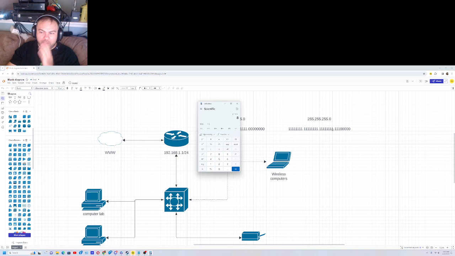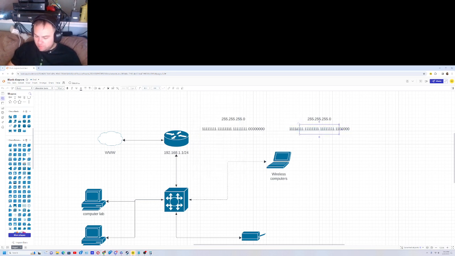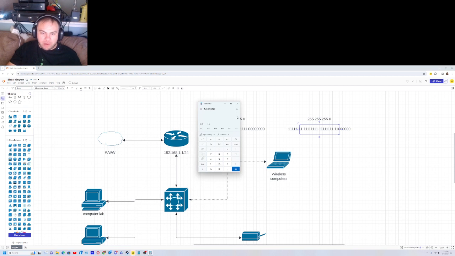So that's how we get 8 possible subnets. Well, we only want 4 subnets. So again, 2 to the power of 2 equals 4. I'll sample that here for you. 2 to the power of 2 equals 4. So we have 4 subnets.